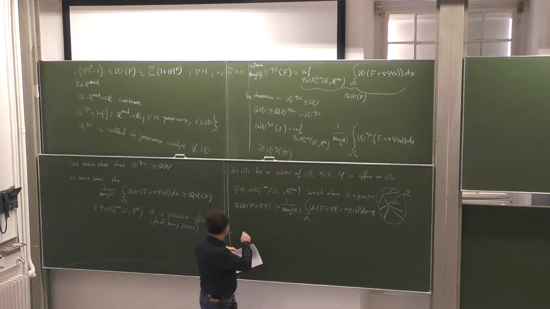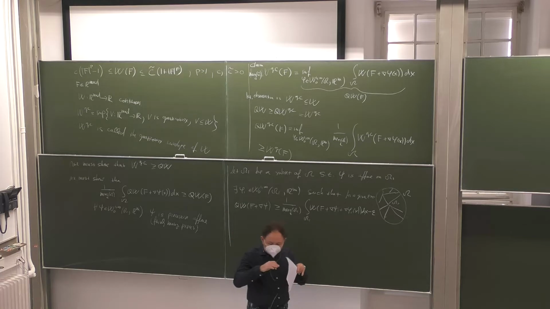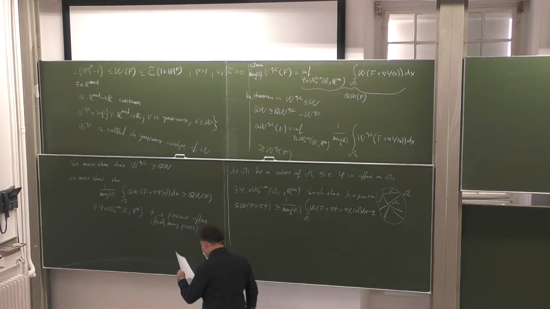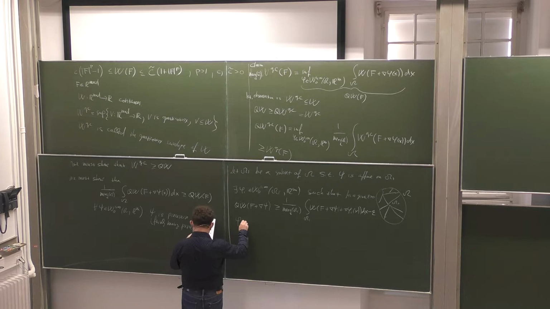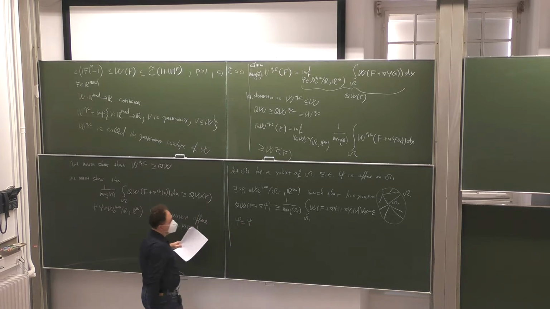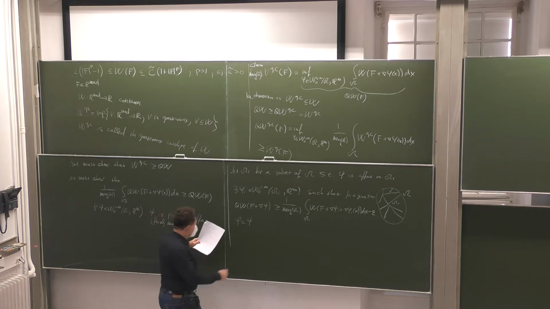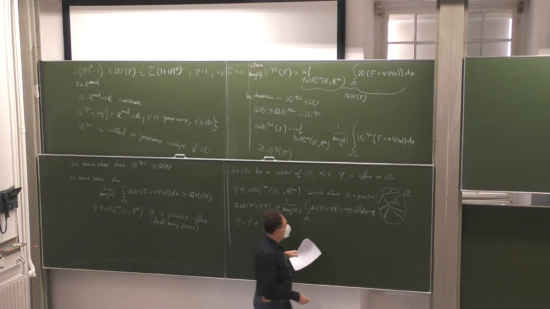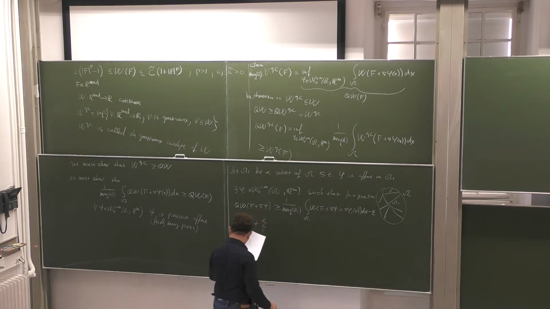And now you take this phi I, you extend it by 0 to the whole omega. You can do it because there is a 0 boundary condition. And you define phi, and this will be my psi plus sum over I. So these are the pieces here. And then you just do here this phi I. And this is in W^{1,infinity} of the whole domain.